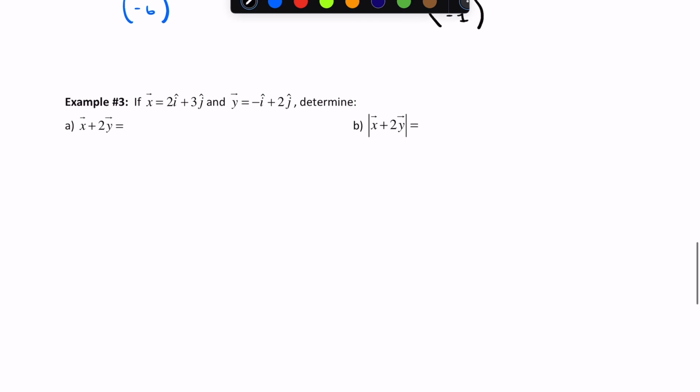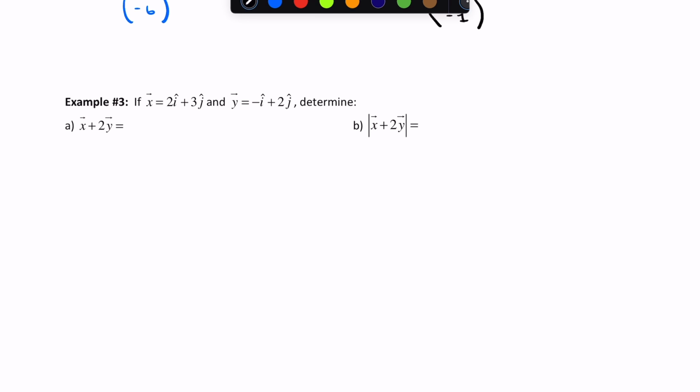Okay, so let's look at example 3. Example 3 says, again, if x is equal to 2i plus 3j and y is equal to -i plus 2j, determine vector x plus 2 vector y and the magnitude of x plus 2y.